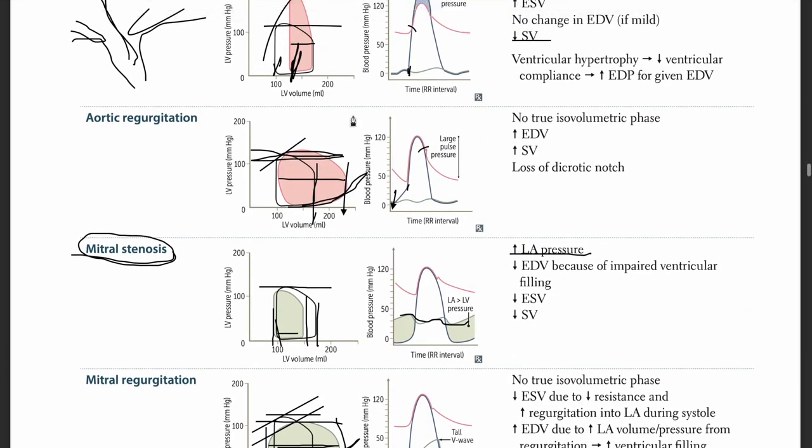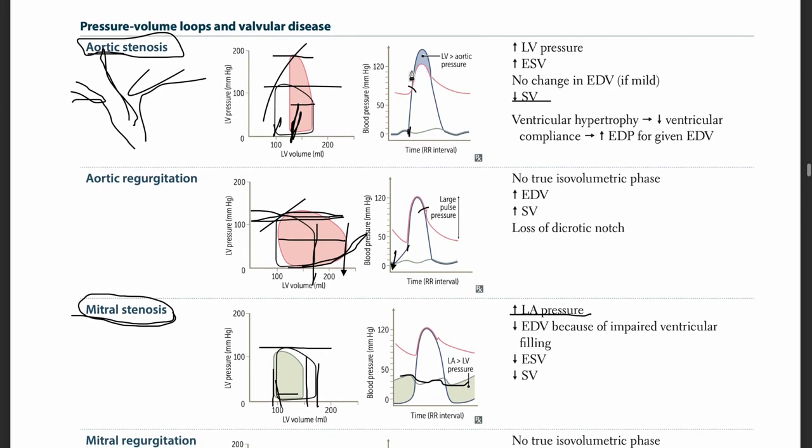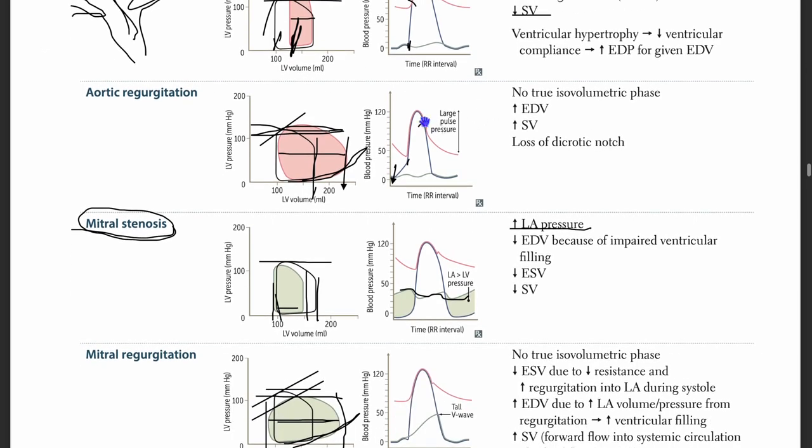Know these curves, know the defining features and the distinctions. If the pressure is low in the aorta, it's always going to be aortic stenosis. If there's a loss of the aortic dicrotic notch, it's always going to be because of this. And also make sure you look at this bit right here, because if it tells you there's no isovolumetric contraction phase, that only happens when there is a regurgitation of some kind.